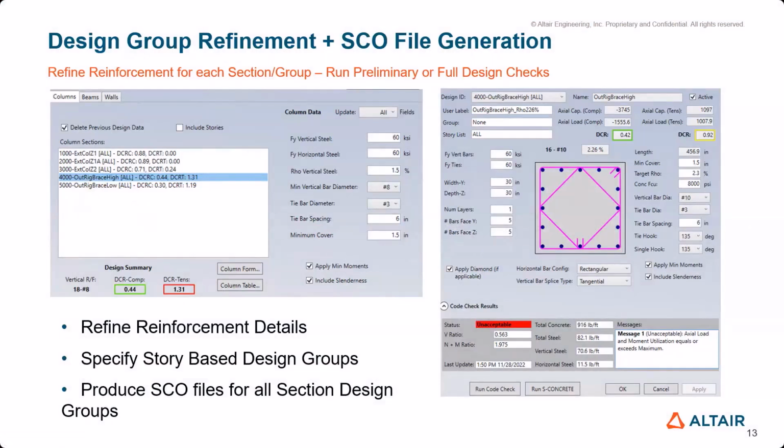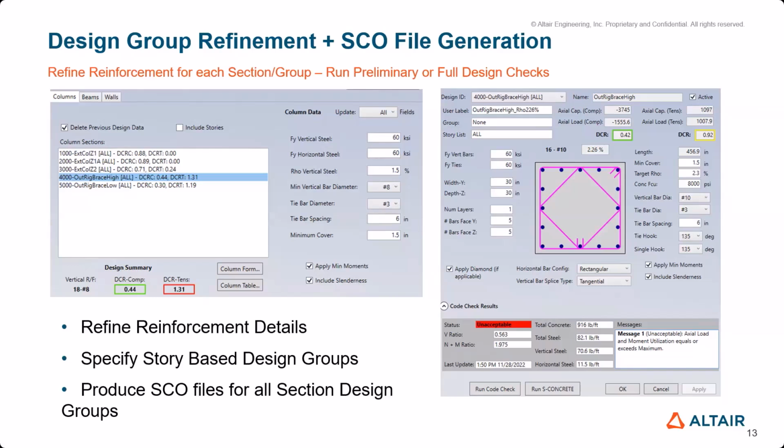We can specify also the different sections, and after we go back into the MSD, this next part is refining the details. We're going to produce some S-Concrete files for all of the section groups, and then we're also going to divide the different walls that we have into our story-based design groups.